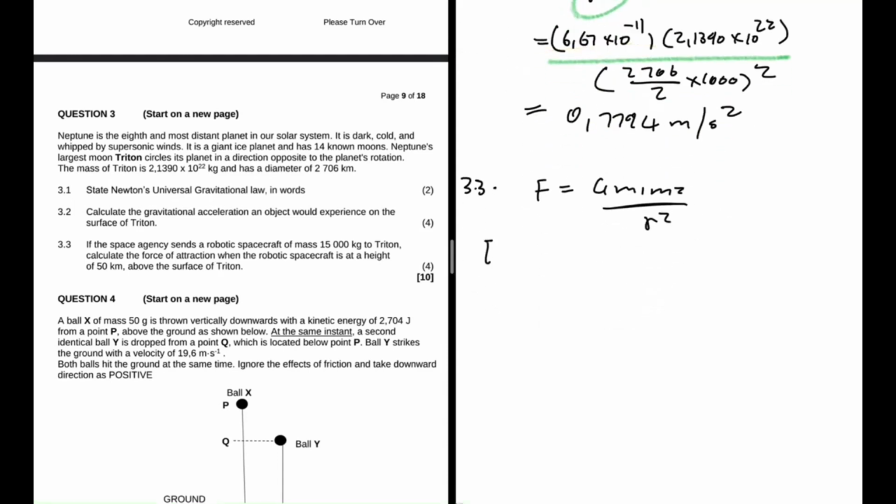So F will be equal to G, our universal gravitational constant, right? Which is 6.67 times 10 to the minus 11. And then we want the force of attraction between Triton and the robotic spacecraft, right? So let's say M1 is the mass of the spacecraft, which is 15,000. And then M2 is the mass of Triton, which let's do question 4.